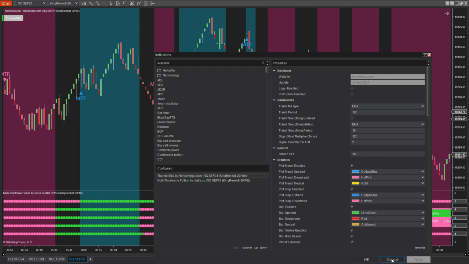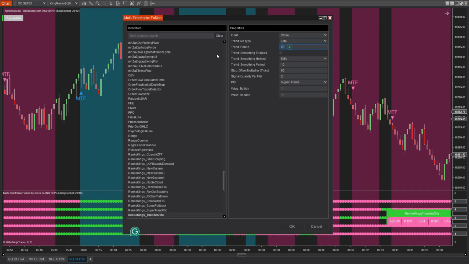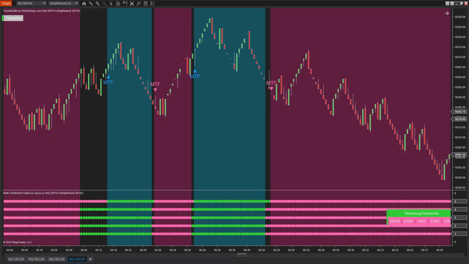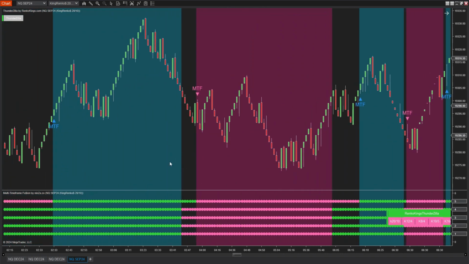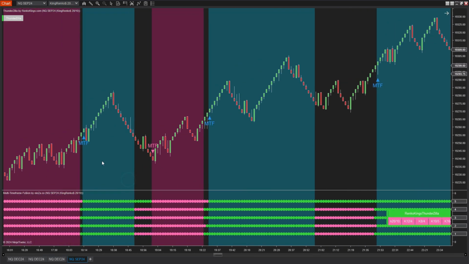Plus, you can tweak ThunderZilla's settings right within the Multi-timeframe Fusion interface to fit the timeframes you've chosen. This means you can adjust everything to make sure you're getting the most accurate signals possible. It's all about combining those advanced trend insights with multi-timeframe checks to give you a clearer and more dependable view of the market.